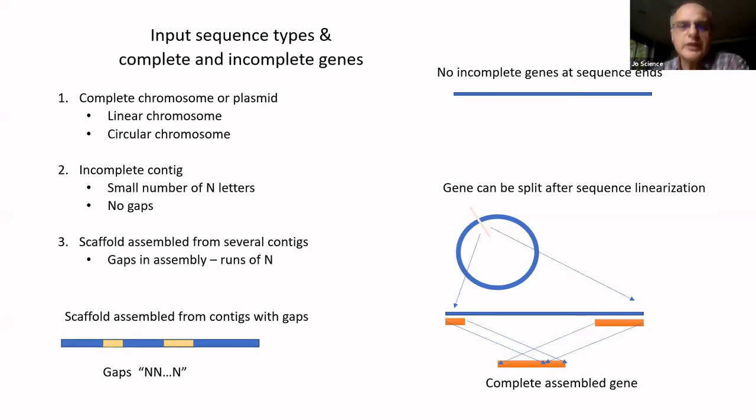And when we have a complete genome, it can be a linear sequence, something like what we have here at the top. There are many bacterial species, archaeal species, prokaryotic species, which are circular. And when we have a circular genome, we have to split it and make it linear to put it into the database.